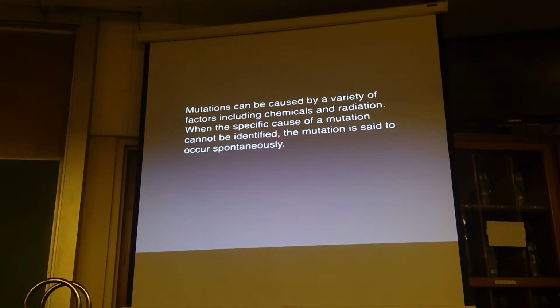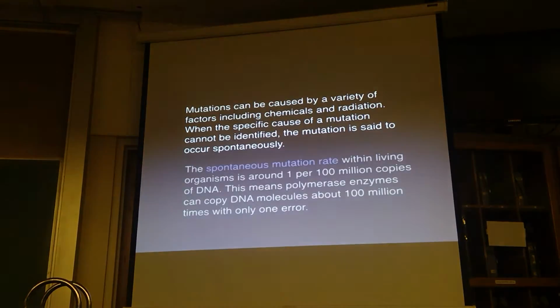So mutations happen, but we don't necessarily know what was the specific factor that caused the mutation. So then we say that those mutations are spontaneous. The spontaneous mutation rate is supposedly 1 per 100,000 copies of DNA. That means DNA polymerase can copy DNA molecules, I said 100,000, it's 100 million, 1 per 100 million.